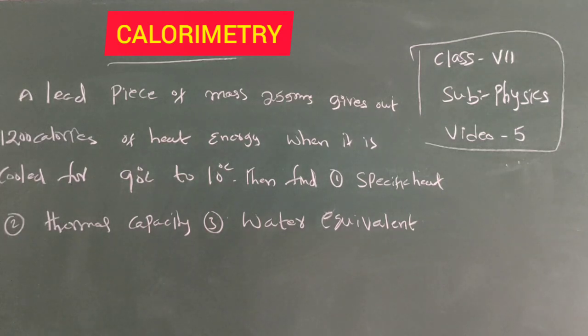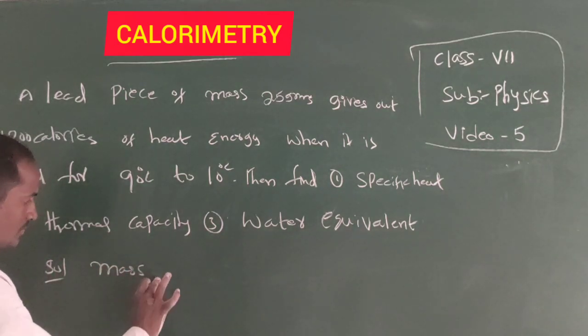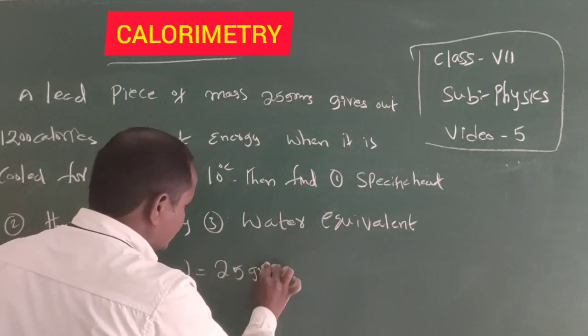The mass of the body is given in grams, and this value we change to SI, grams to kilograms. The heat energy is also given, 1200 calories, and this is also converted into joules. The mass M equals 25 grams.